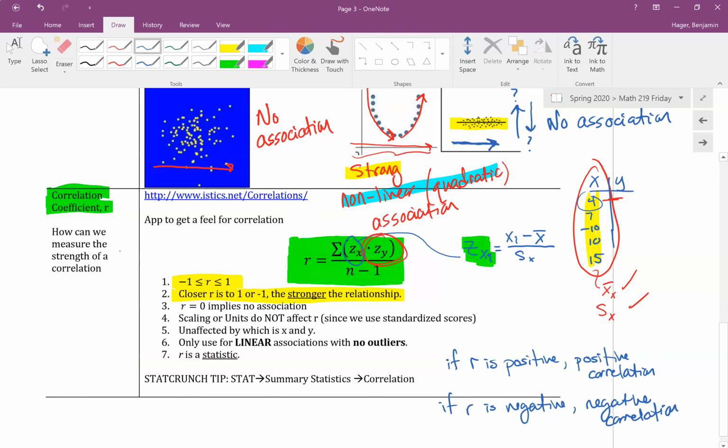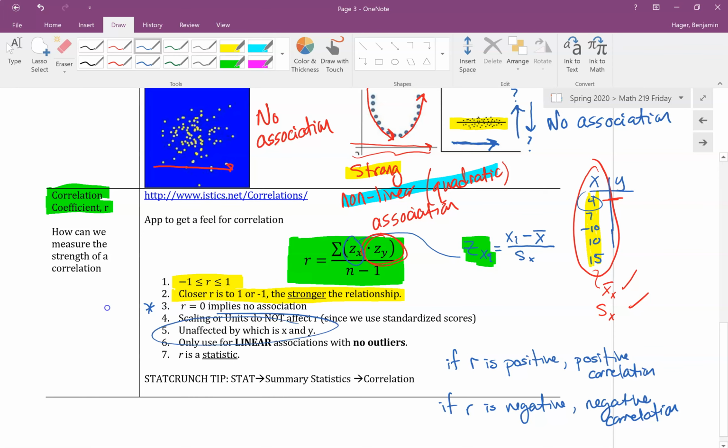How strong is the correlation? I mentioned slope earlier, but if R comes out to be 0, then you have no association or no correlation between the two variables whatsoever. Some of the nice things about this are that scaling or units do not affect R, because we're standardizing our values, bringing everybody down to the same level.